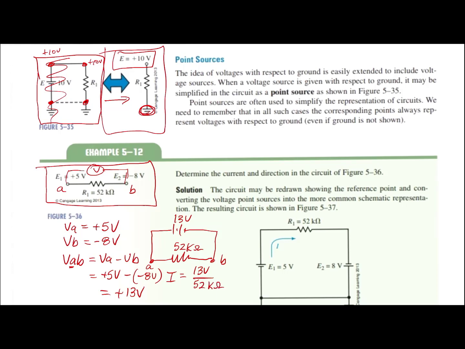Okay, now what's going on over in this other circuit? Remember, you can convert any single point value to a source that's traditionally shown with two terminals.